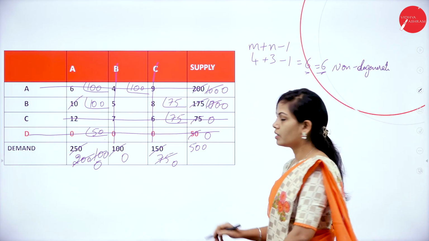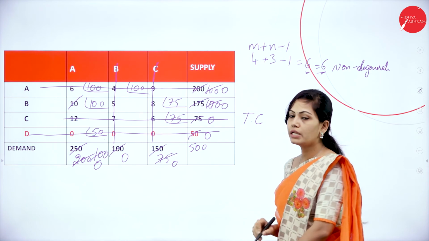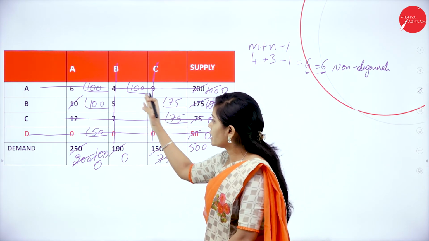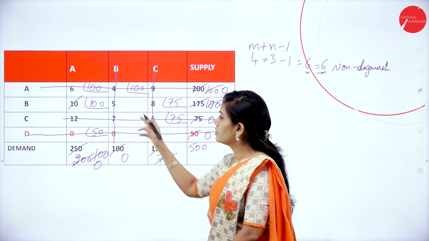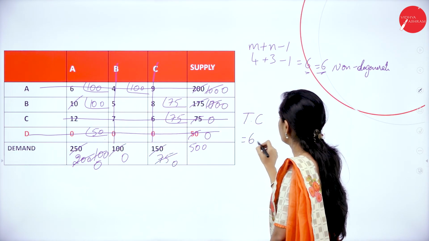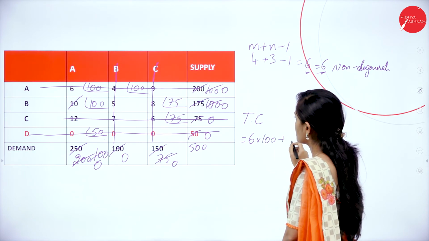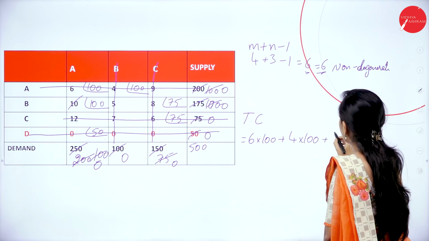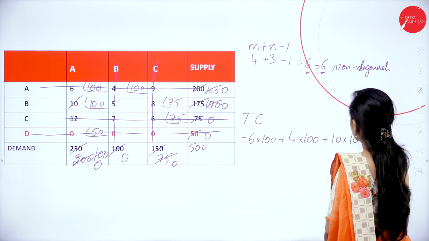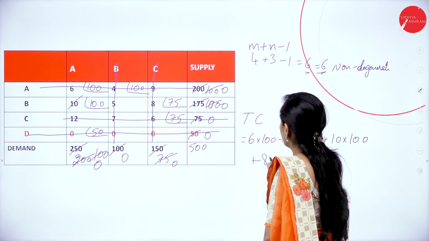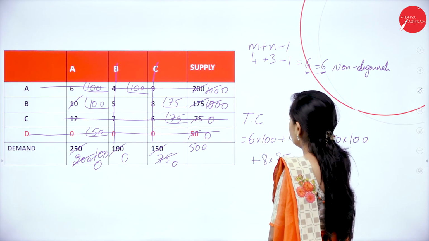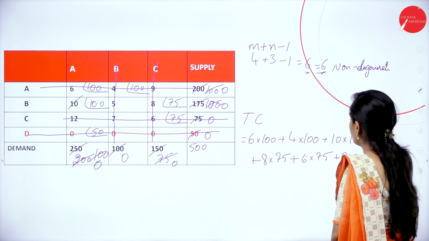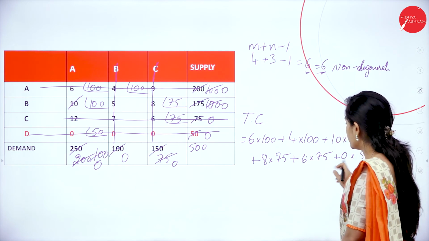And the next step, we have to find the total transportation cost. So how to find the transportation cost? Just consider all the allocated cells. It is 6 into 100 plus 4 into 100 plus 10 into 100 and 8 into 75 plus 6 into 75 plus 0 into 50. 0 into 50 is 0.